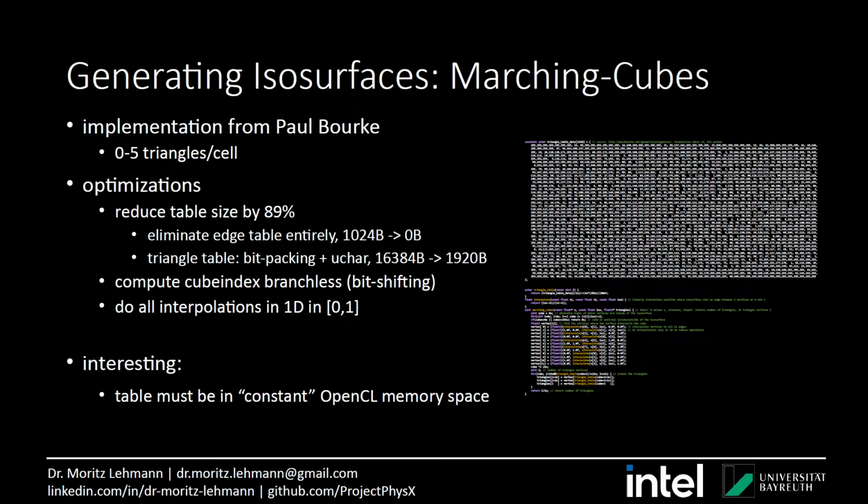Yeah, marching cubes is a very ingenious algorithm to create isosurfaces on a volumetric grid. A good application is CT scans, for example, where the CT scanner also provides data on a volumetric grid and density values, like bone or metal would have a high density and tissue or air would have a low density.